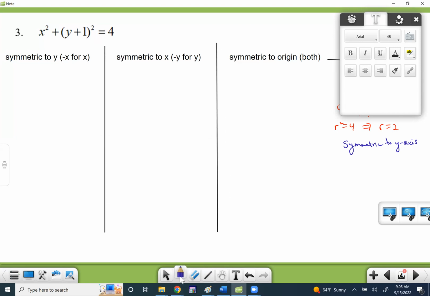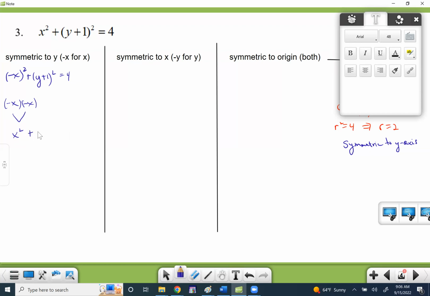so let's go ahead and substitute in a negative x for the x. So if we substitute negative x for the x, well, negative x squared, right? Negative x times another negative x, we've already done. That becomes a positive x squared.